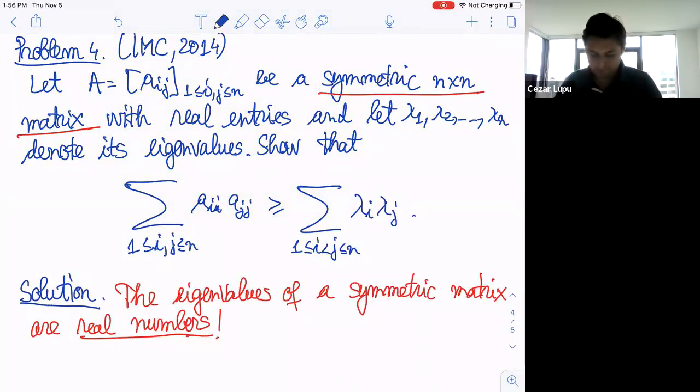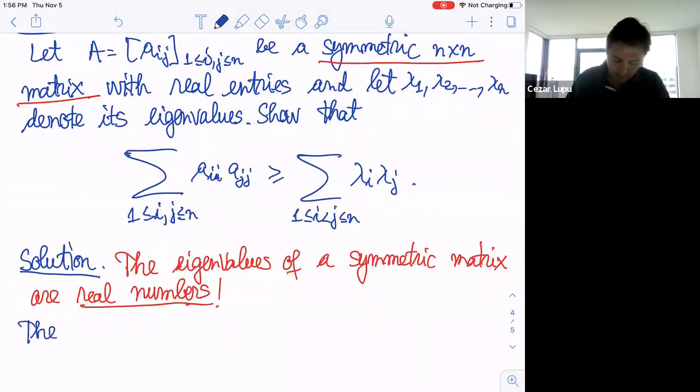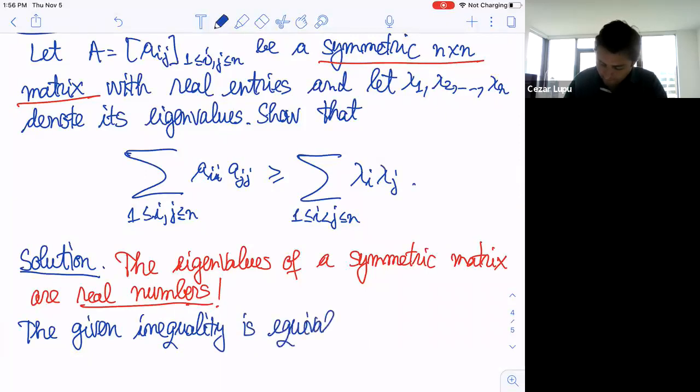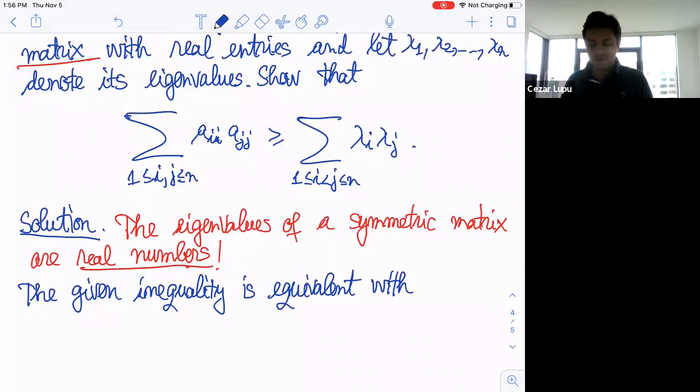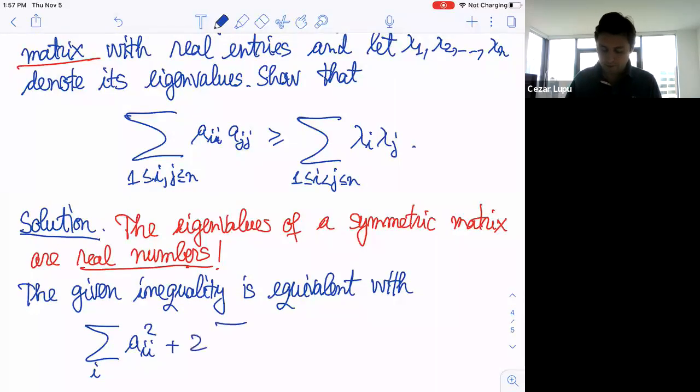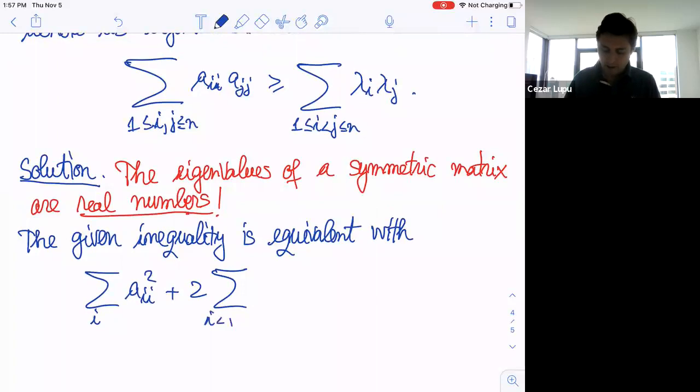So if we square this, the given inequality is equivalent with, well, if you square this, you'll have the sum over all i of a_ii squared plus 2 the sum over all i less than j of a_ii a_jj, right?